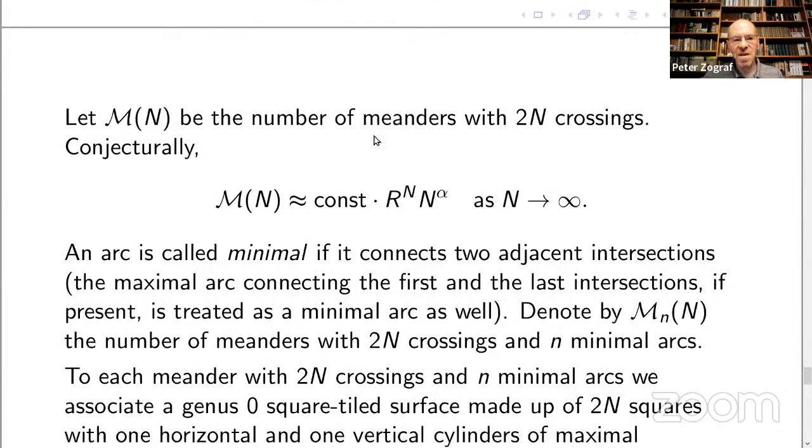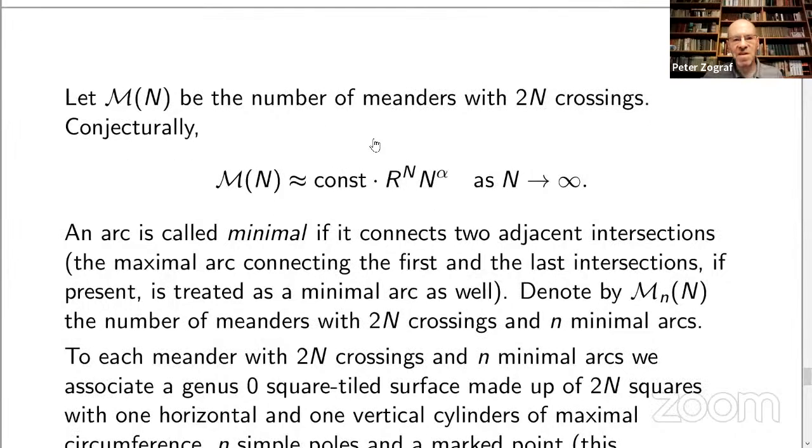Let M(n) be the number of meanders with 2n crossings. Conjecturally, this number behaves like this, up to some constant: it has an exponential factor, R to the n, and a polynomial factor, n to the alpha, as n tends to infinity.